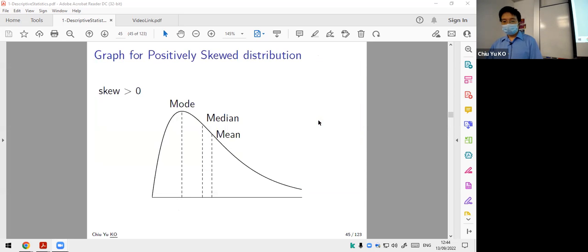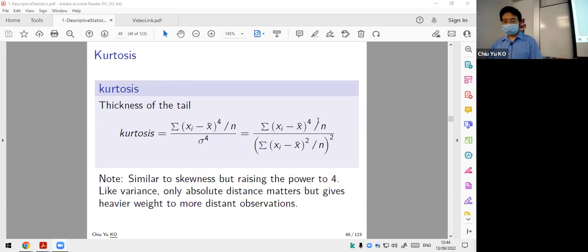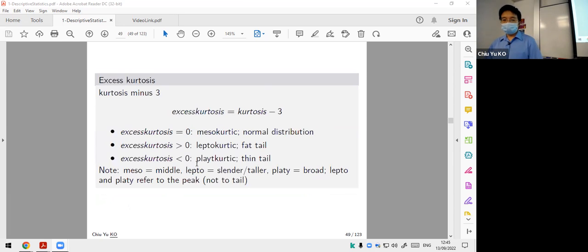Okay, and the kurtosis is like this, and because it is raised to the power 4, this number must be positive. One important measure is excess kurtosis, which is kurtosis minus 3.